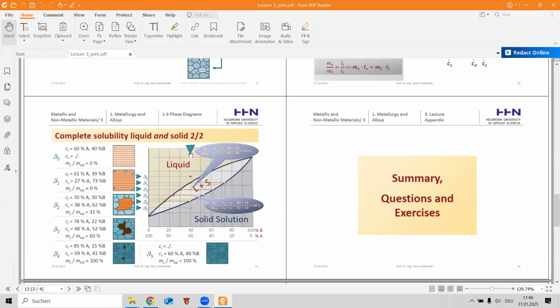The concentration is 40% B component, 60% A component.